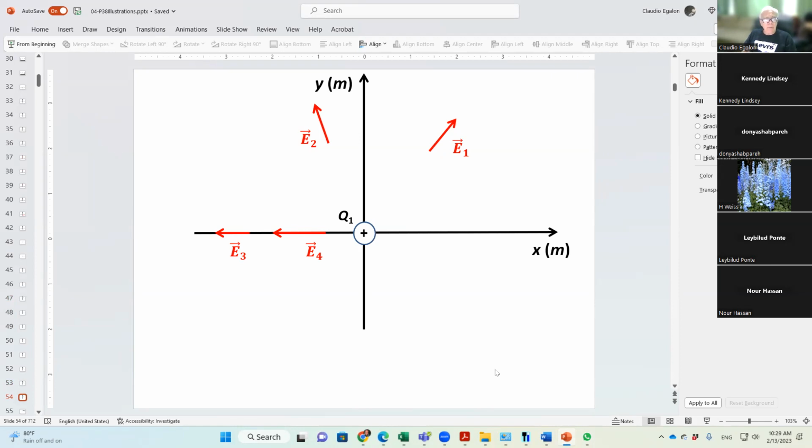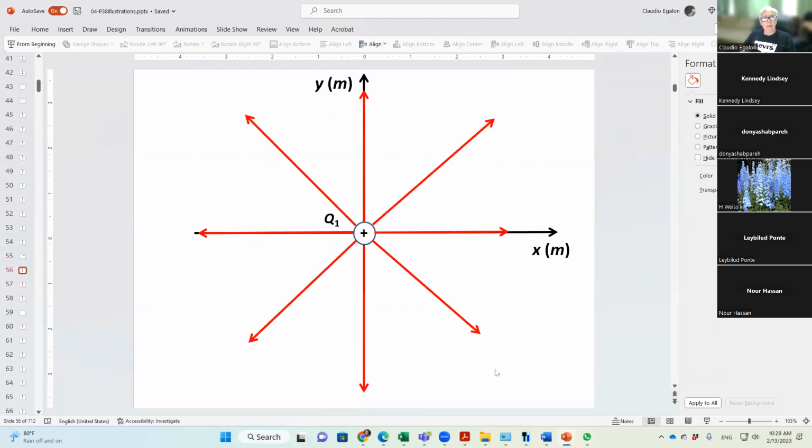So instead of drawing arrows all over the whole two-dimensional space, we have another notation that we call the electric field lines. We can represent the electric field either with electric field vectors or electric field lines. For a point charge, the electric field is just those lines moving away from the central charge in a radial direction.